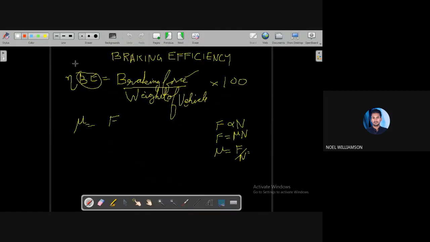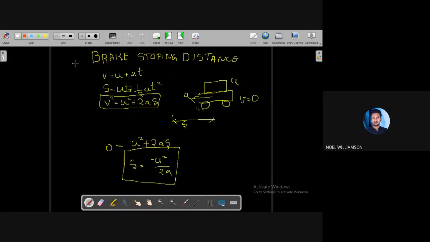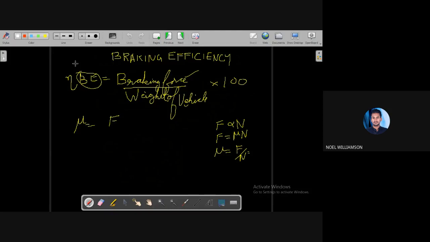Okay, in the previous lecture we were discussing braking efficiency and brake stop distance. What is braking efficiency? Braking efficiency is the ratio of braking force to the weight of the vehicle. So braking efficiency eta is given by braking force divided by weight of the vehicle, times 100.